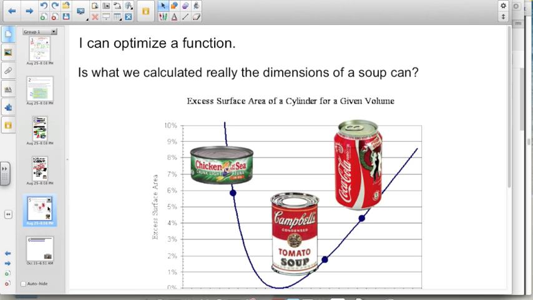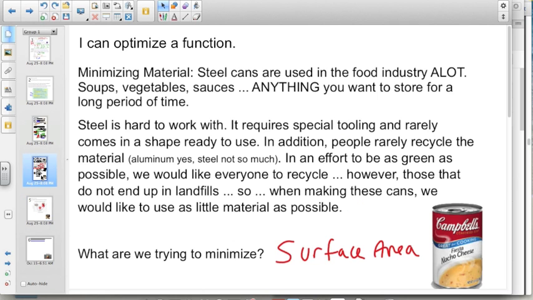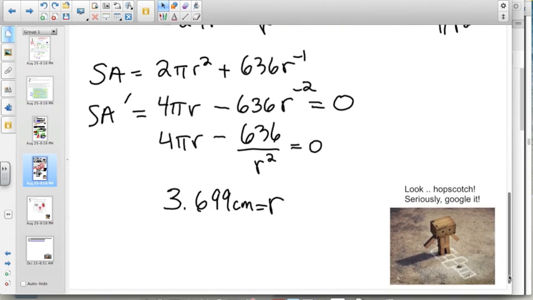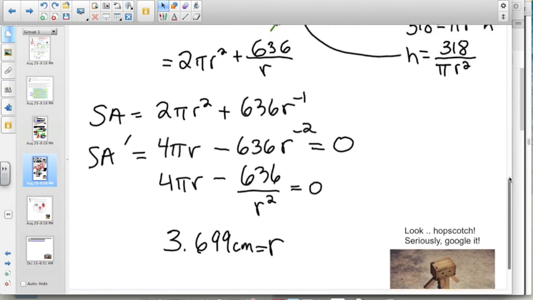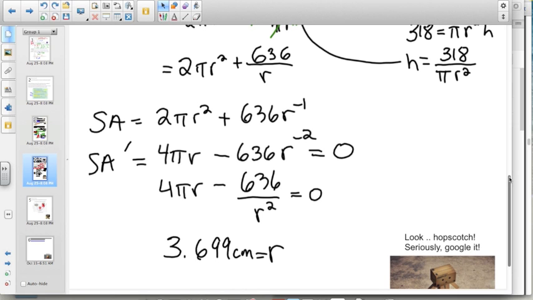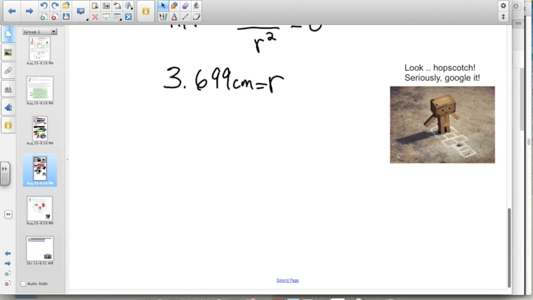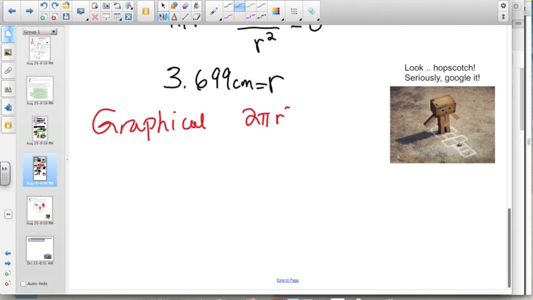So here's that, and we didn't get to it yet. If we would graph, I totally forgot the graph. If we would graph this function, 2 pi r squared plus 636 over r, so if we're looking at a graphical solution here, 2 pi r squared plus 636 over r looks like this.